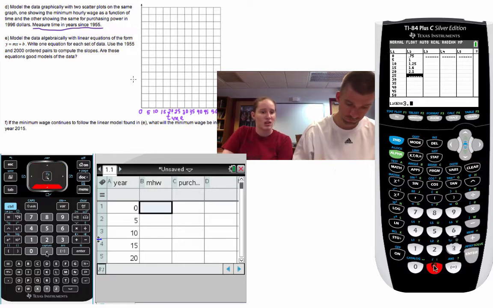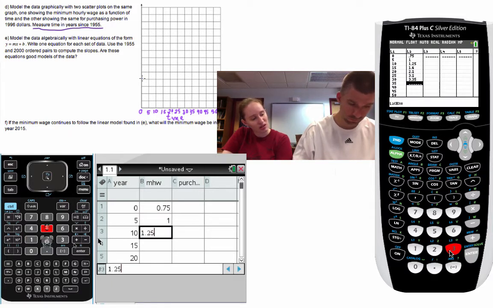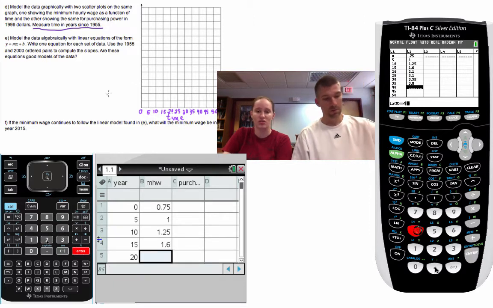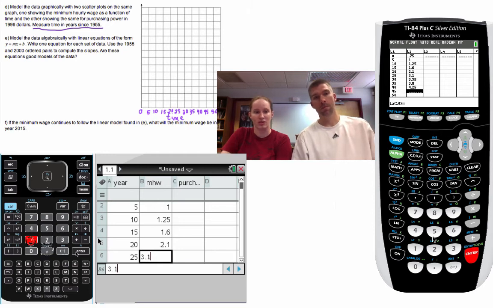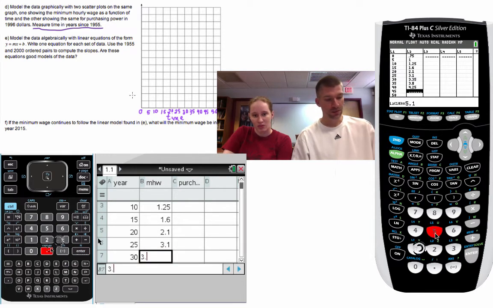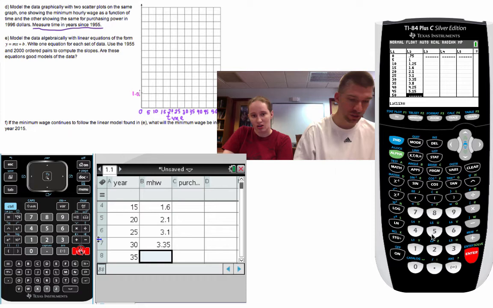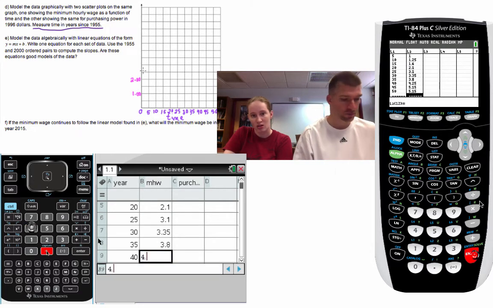And then we have a range of numbers as far as our dollar amounts, almost from 0 up to about $7. I think I made this graph to where you could go up by 50 cents on each mark. Which one are we doing? The $1 purchasing power. We're going to end up doing both. So you need to go up to about $7.